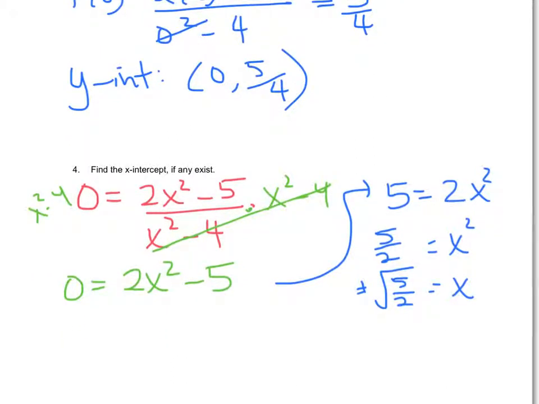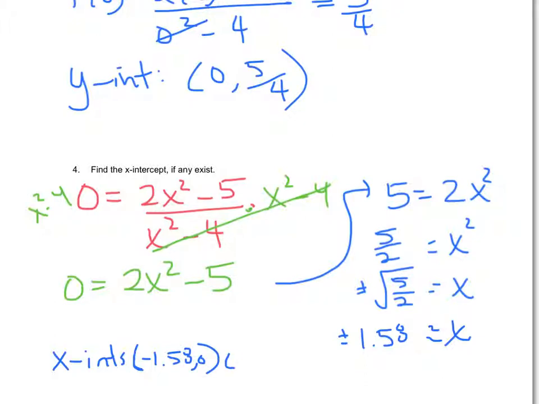If you make that into a decimal, it's about plus or minus 1.58. And so my x-intercepts, I have 2 of them here, are at negative 1.58 and then again at 1.58.